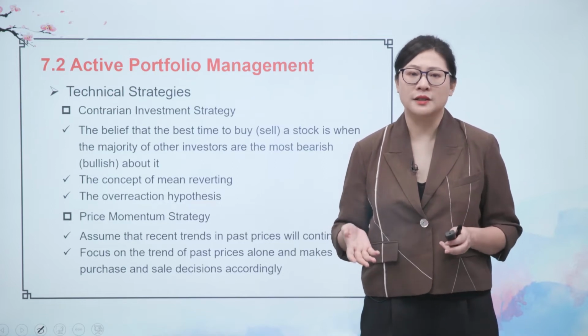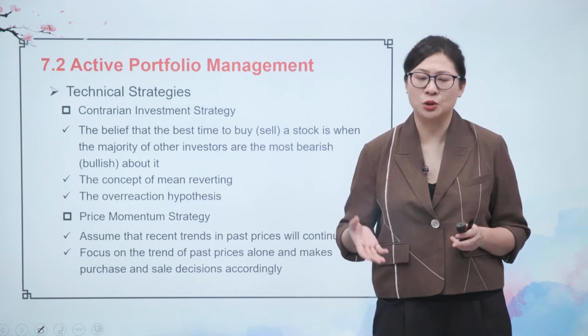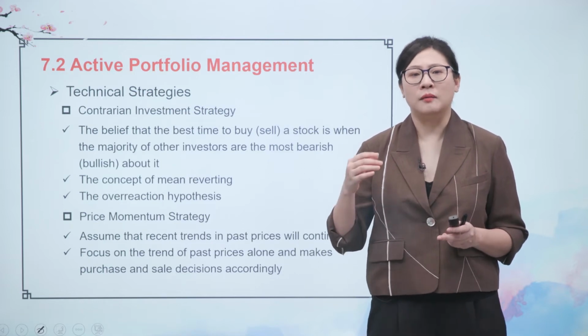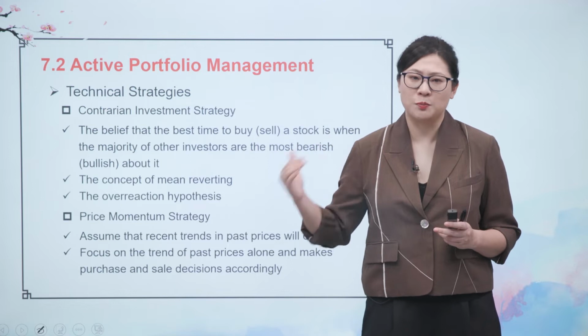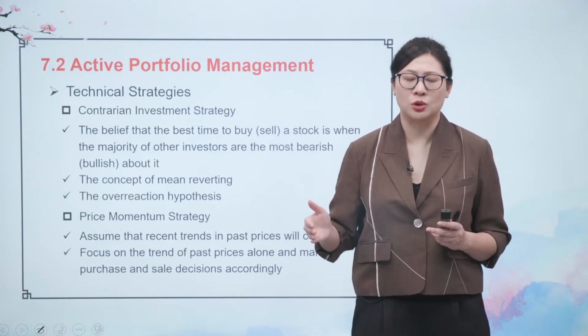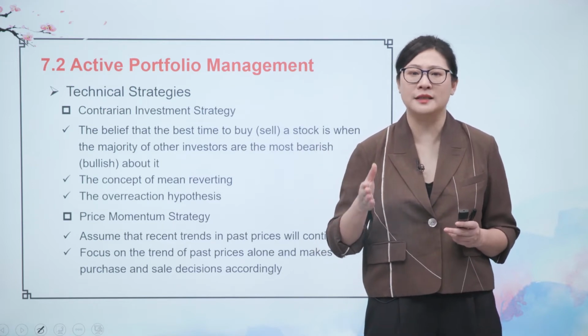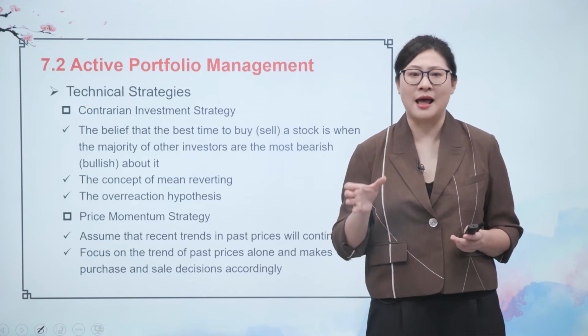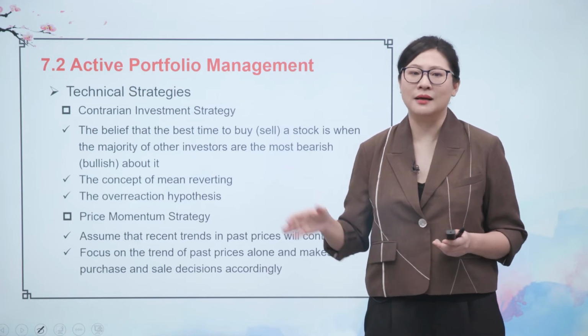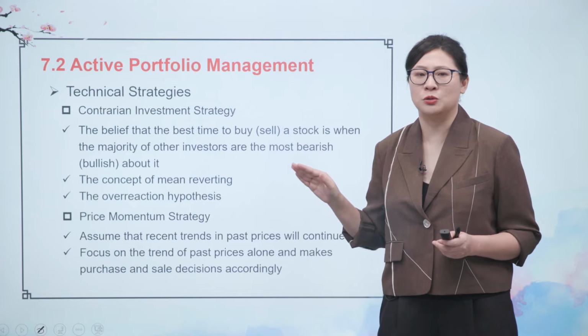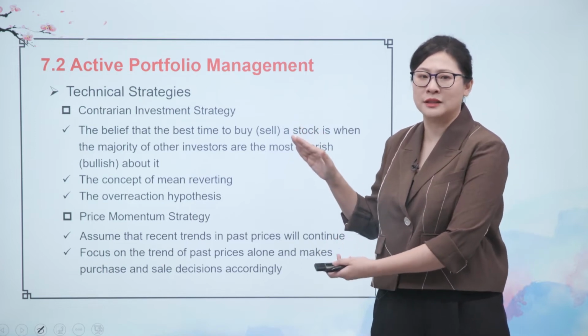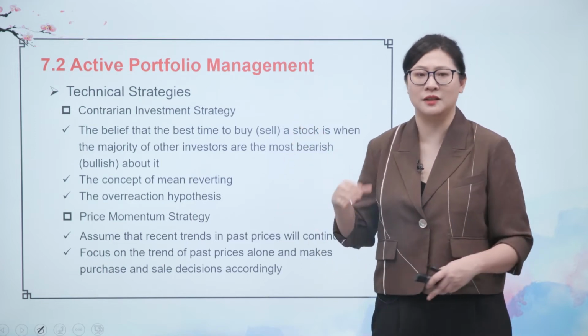In other words, if the stock price decreases, in the next period it will definitely increase. So we will find these undervalued stocks and invest now. So that's the contrarian investment strategy. These two strategies have opposite assumptions.